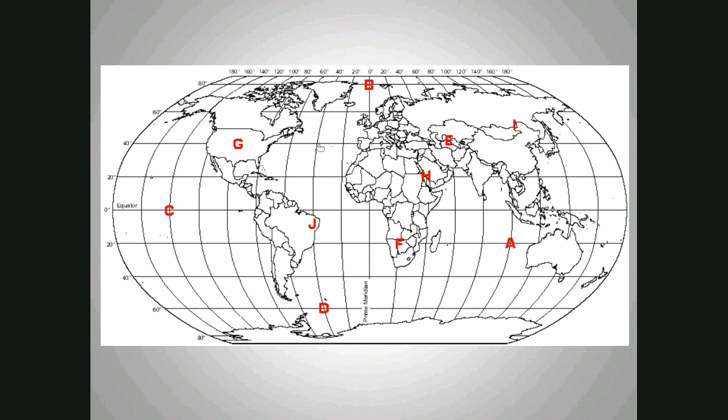Look where the finger pointer is. 40 north, 40 west. So there's a couple things we can do with coordinates, but it's all about following lines of latitude and longitude and where they intersect. Okay.